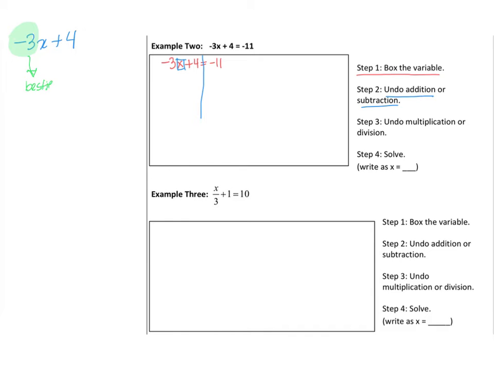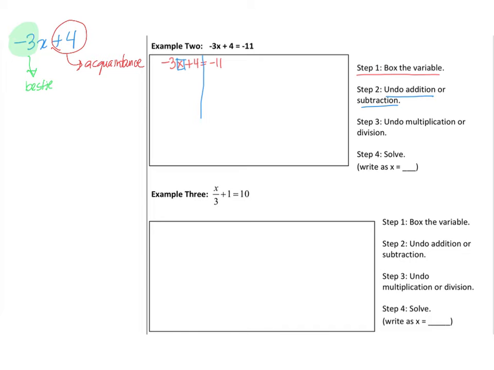It sticks with x, it's its coefficient, it stays with it. And the +4 is an acquaintance. We get rid of the acquaintance first, and the bestie is the last to leave.